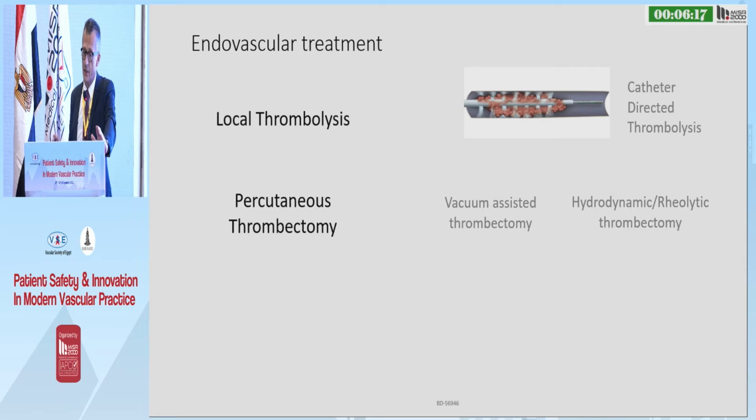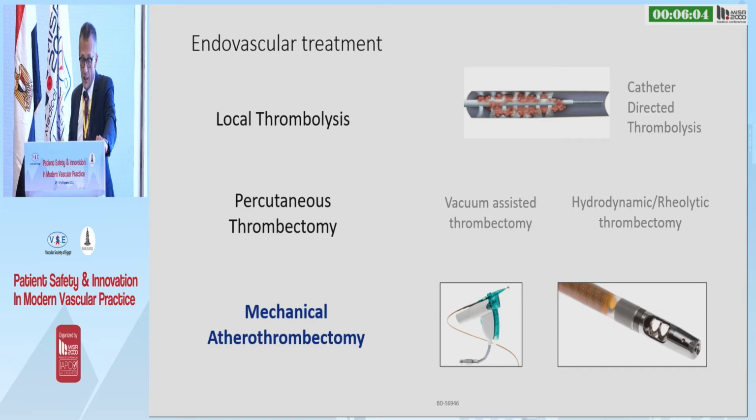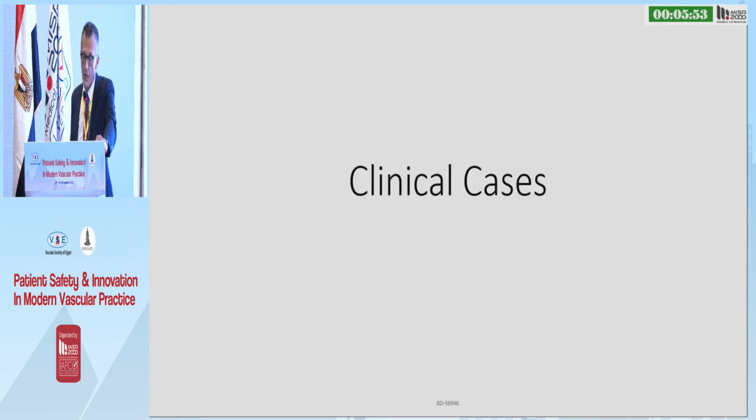But I think the limitation of these is the possibility to treat only acute occlusion and not subacute, and above all chronic occlusion. This is the reason why we decided to use the mechanical arteriothrombectomy device in order to treat every type of iliac limb occlusion after EVAR.